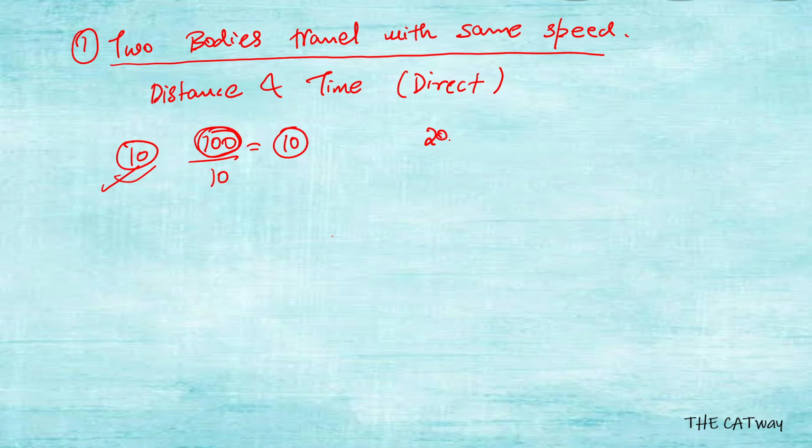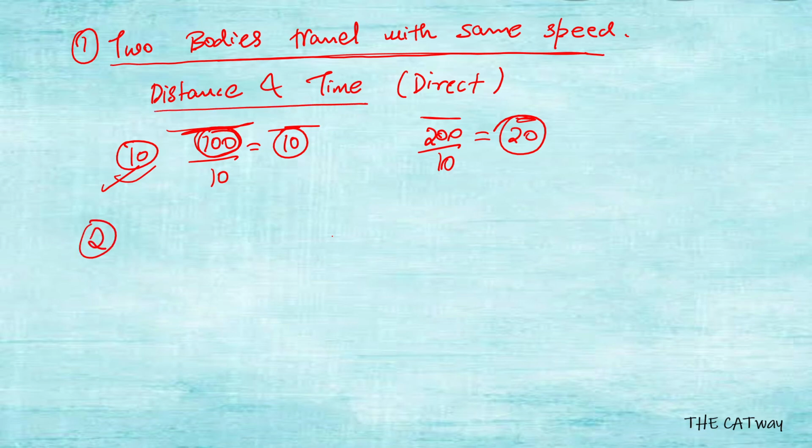So if the distance is 200 and speed is 10, then the time taken will be 20. You can see that because the distance increased, the time taken also increased when the speed of the body remains constant. So now we have proved that distance is directly proportional to time when speed is constant.